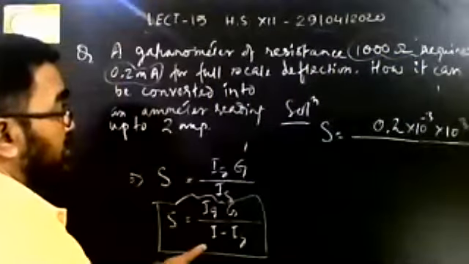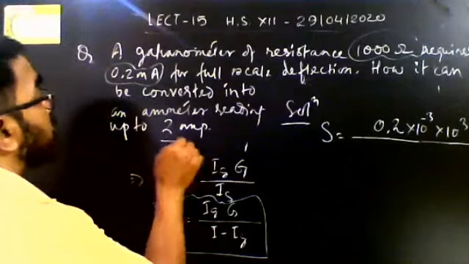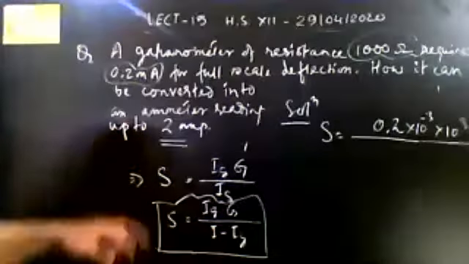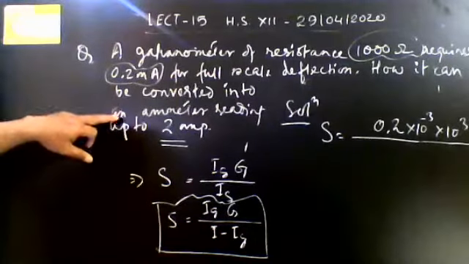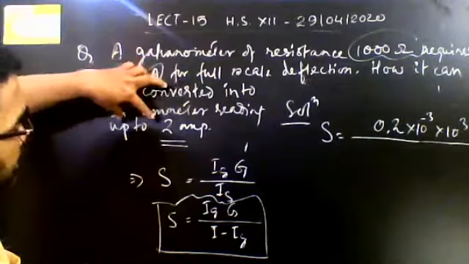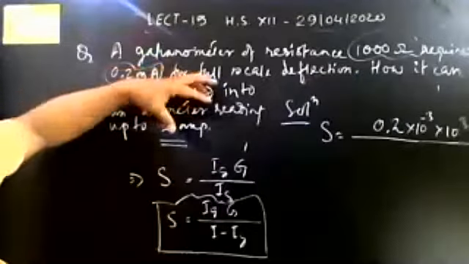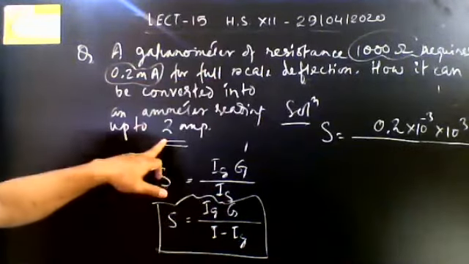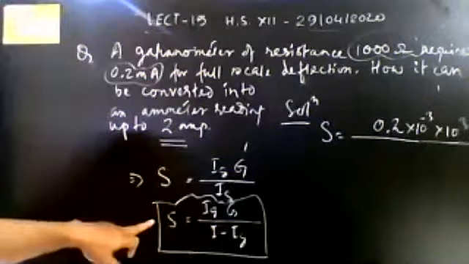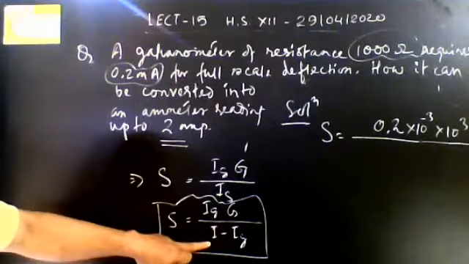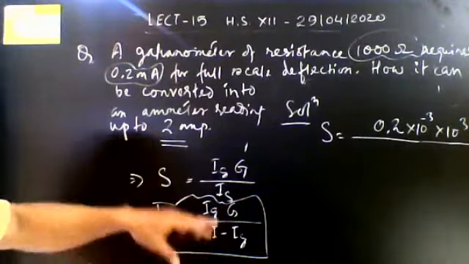Now I is equal to 2 ampere. The ammeter should read up to 2 ampere. When the galvanometer becomes an ammeter, it should show a maximum of 2 ampere. So I should be the total current that can be measured by the ammeter.